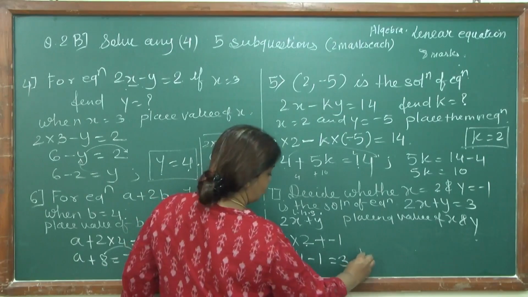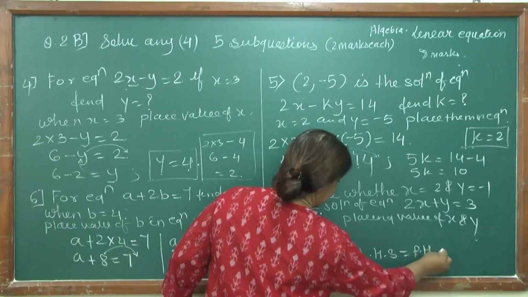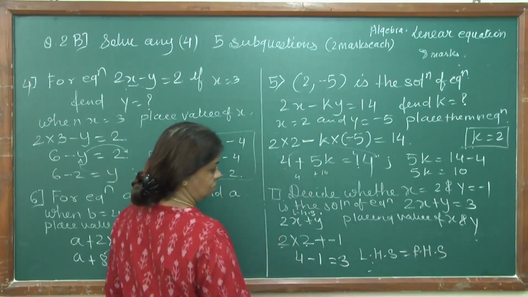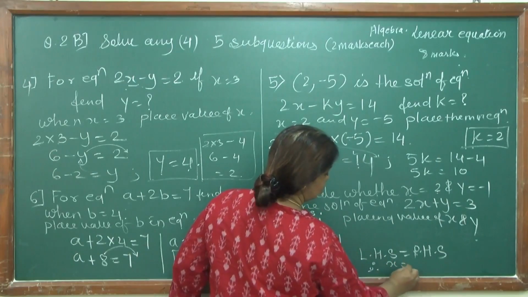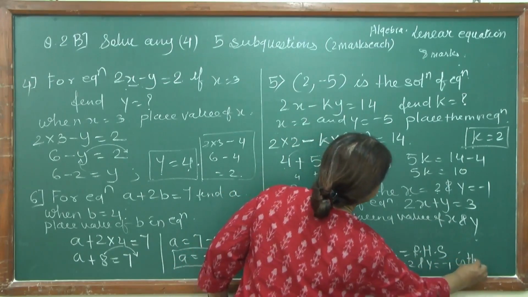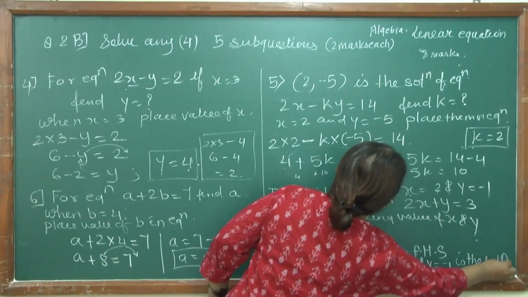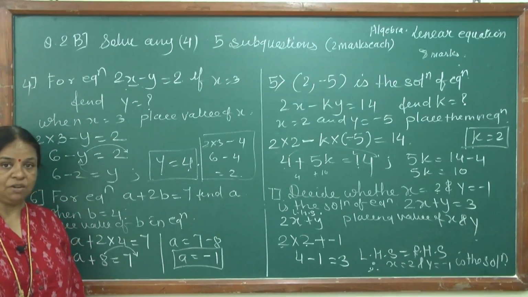So left hand side we got equal to right hand side, and therefore we must write down: x is equal to 2 and y is equal to minus 1 is the solution of the equation. You can pause the video, children, and you can solve the sum.